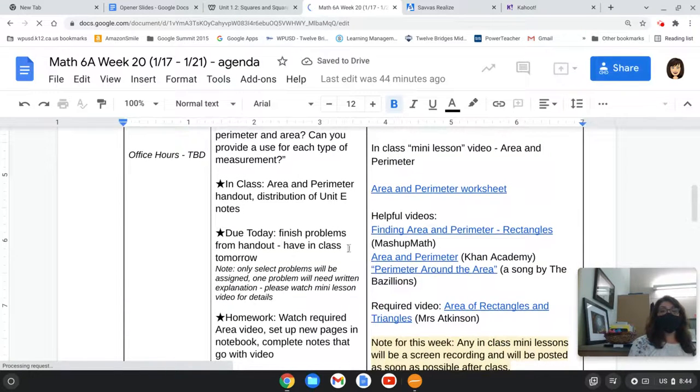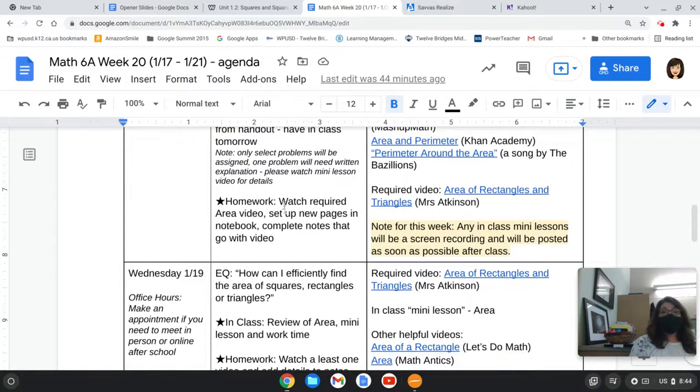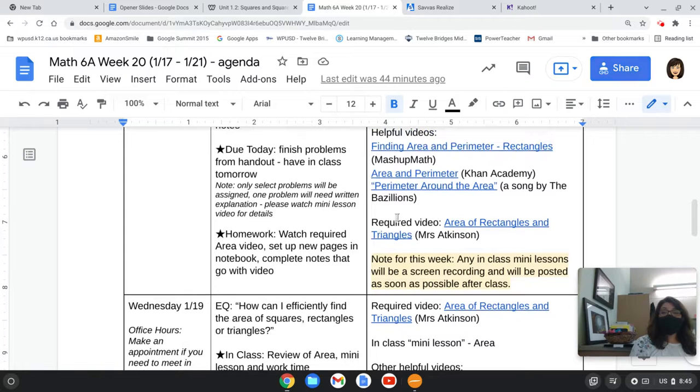Here's our handout. I'm going to give you the notes handouts for Unit E, for all of our geometry. Today, you're going to finish the problems from the handout. You're going to watch this one little video, area of rectangles and triangles, with me. And you're going to set up your new pages in your notebook.